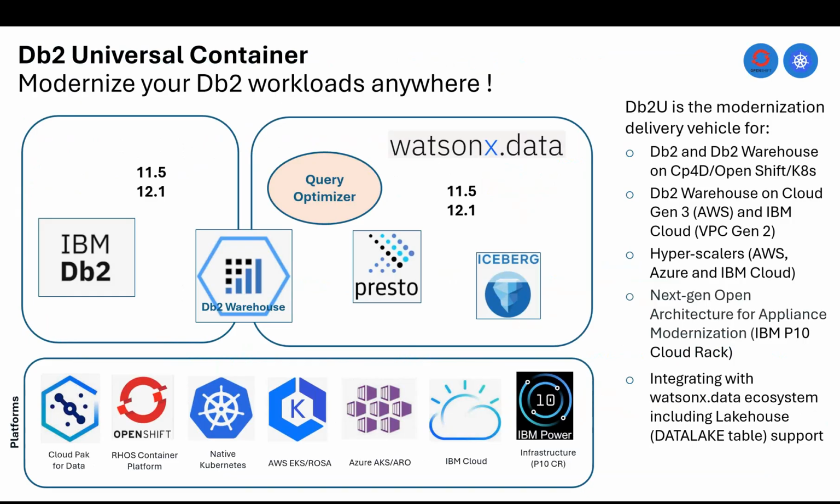Our container technology continues to evolve and continues to be the basis for most of our cloud-forward offerings. So the managed services use our own container technologies. Then our container technologies are there to run in the hyperscalers on their Kubernetes and OpenShift environments. But we also leverage it in that P10 architecture I was talking about previously.